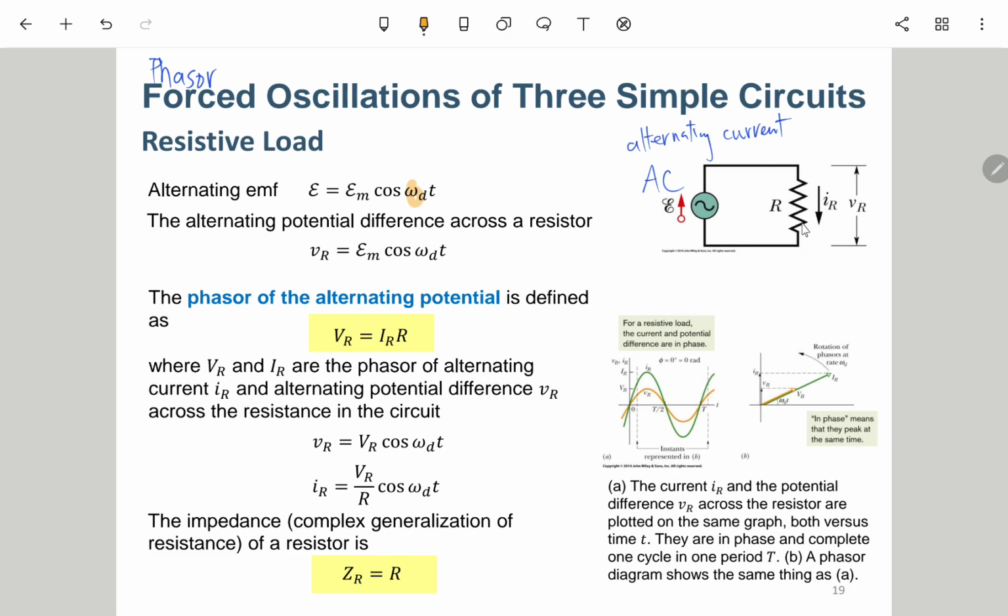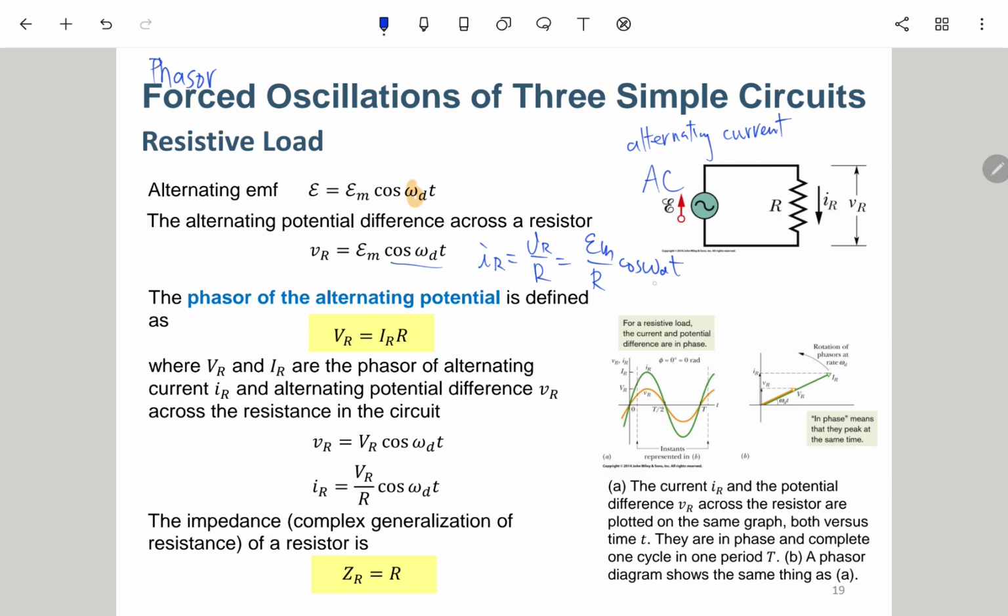So here we have E like this, and in this case we only have this R. So the potential difference across this resistor is nothing but EM times cosine omega d t. And we have Ohm's law, which means that IR is VR over R, which is EM over R cosine omega d t. It looks very stupid.